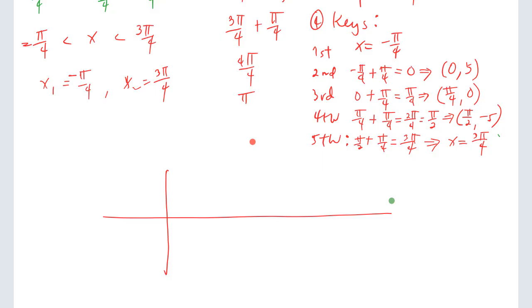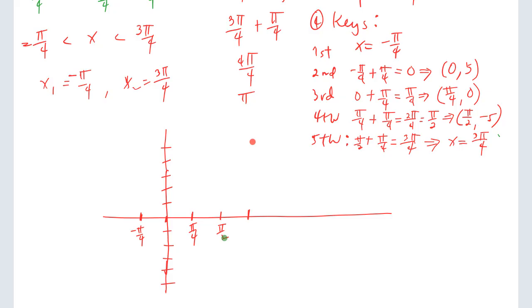So we have there negative pi over 4. And then we have 5, so we have 1, 2, 3, 4, 5, and 1, 2, 3, 4, 5. Now we have negative pi over 4, we have 0 and then pi over 4, and then pi over 2.